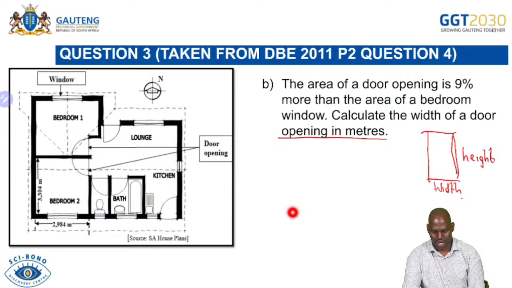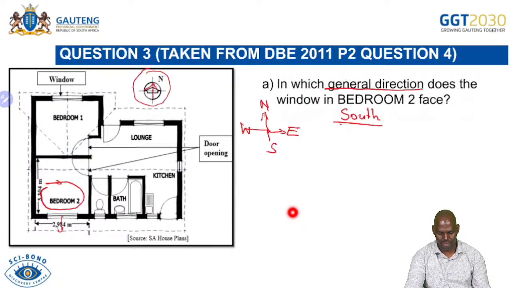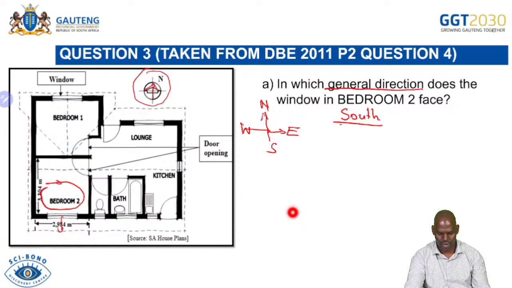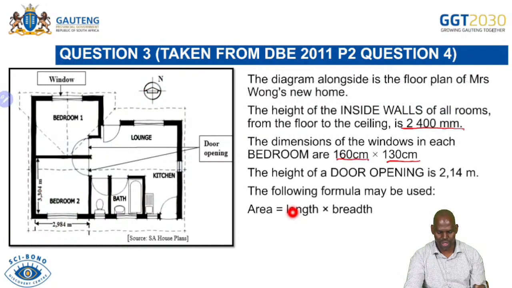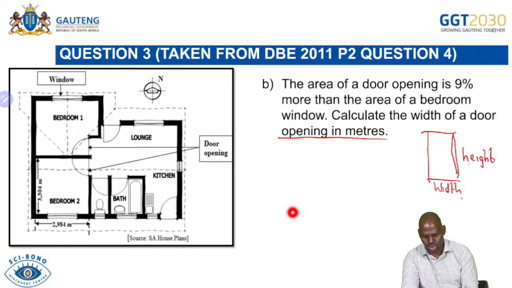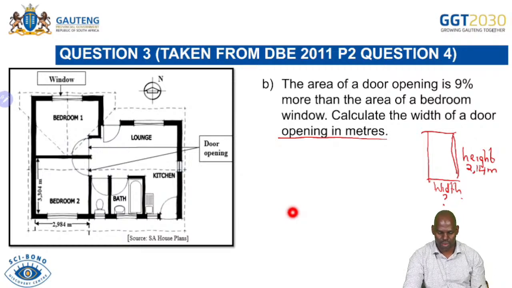Right. But from this information, if you go back to the previous information, we were given that the height of the door opening is 2.14 meters. So we know the height. We don't know what the width is, but that is the one that we calculate.